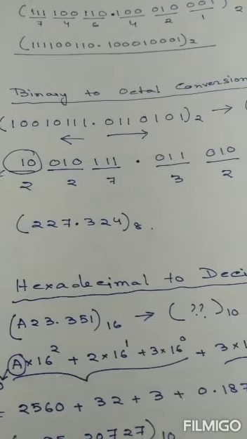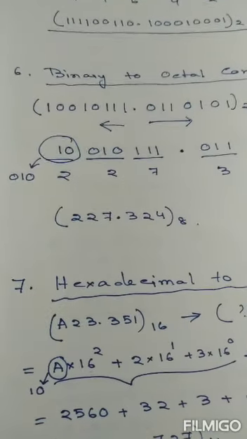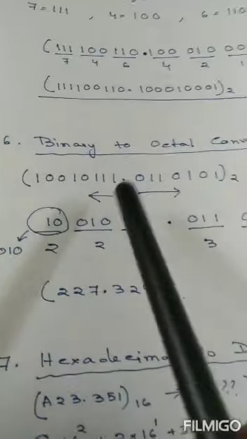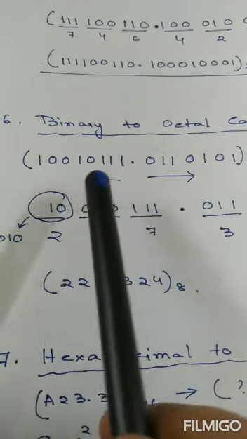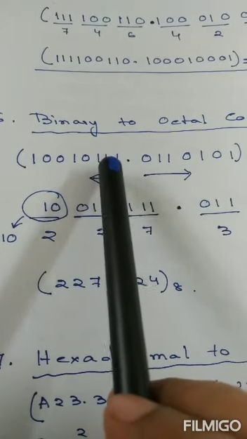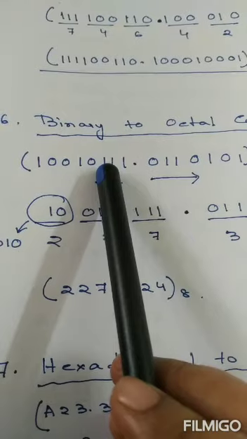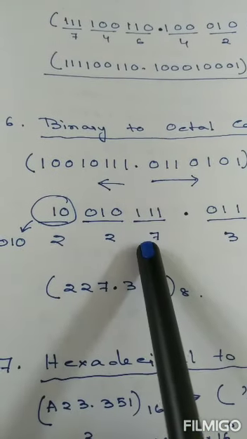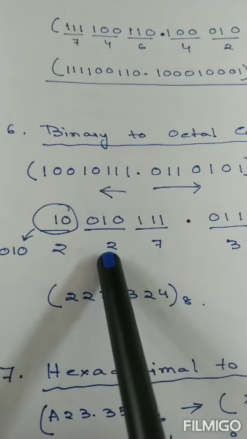Now binary to octal conversions. Similarly, for binary to octal conversion, before the point, that is the integer part, take 3 bits in a section. That is 111, it represents 7. Then 010, it represents 2.